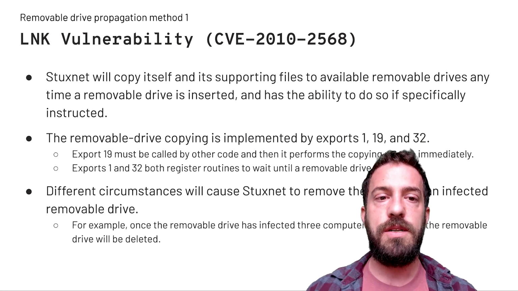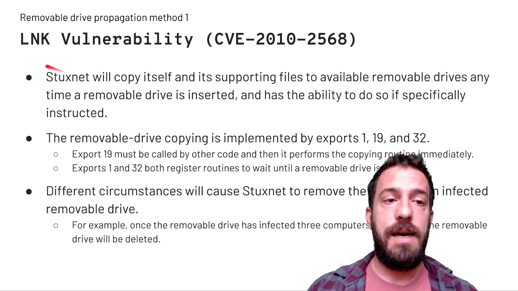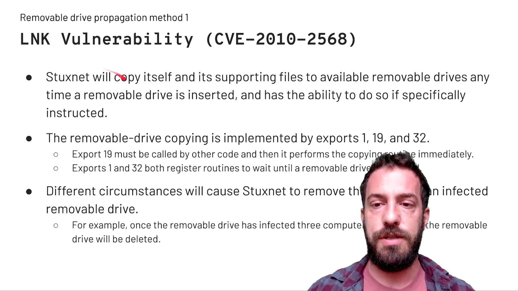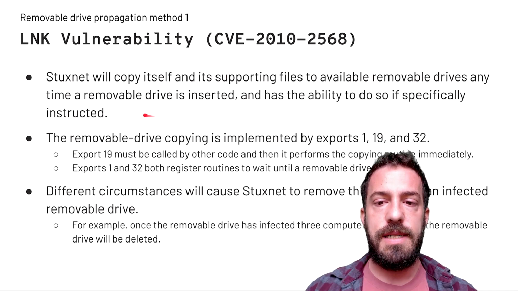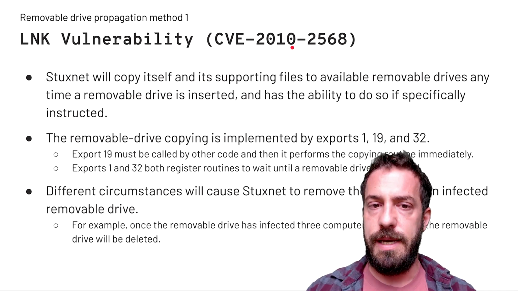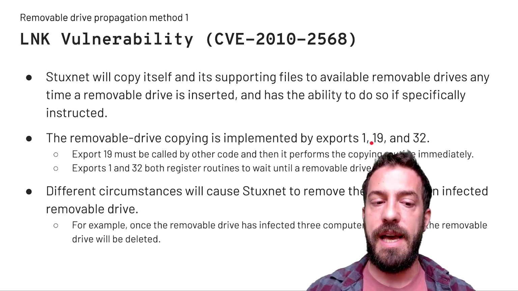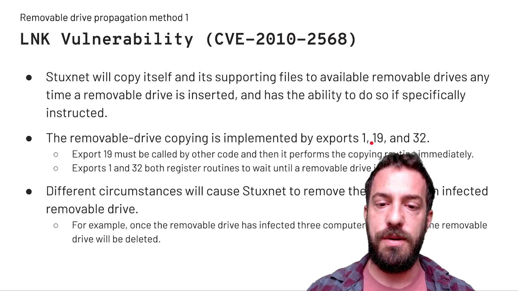So there were two ways. One would be a vulnerability one, this LNK vulnerability, and these LNK files are the shortcut files we see and use in Windows. That was the CVE-2010 one, and this removable drive copying will be implemented by exports 1, 19, and 32.